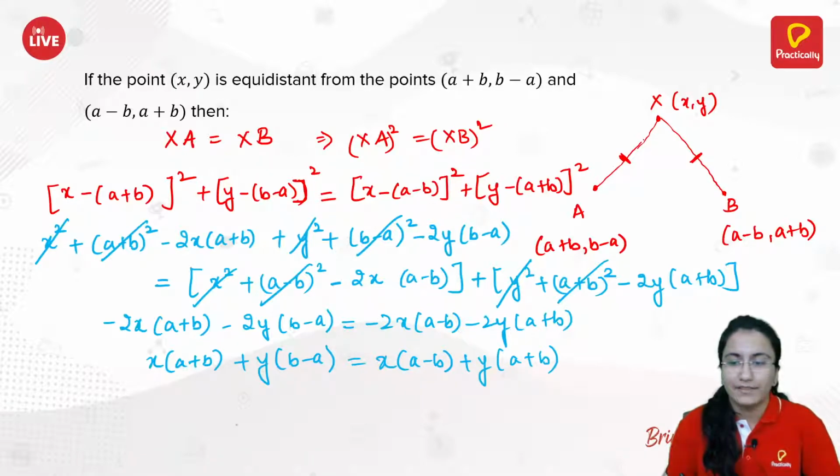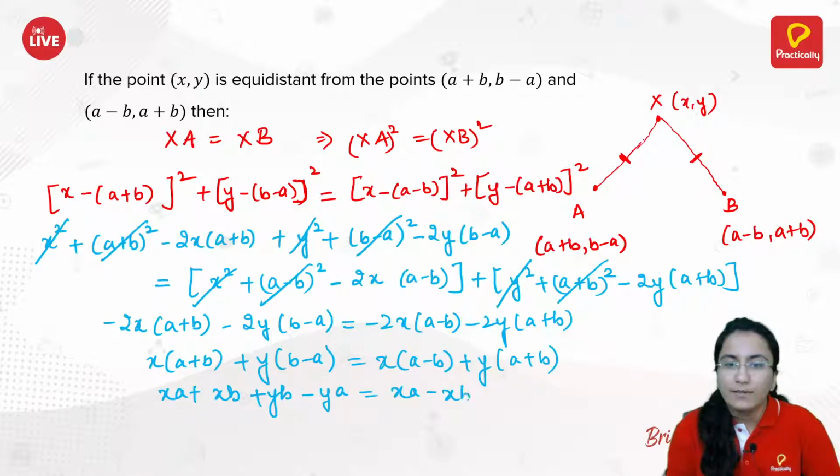That means xa plus xb plus yb minus ya equals xa minus xb plus ya plus yb. xa is common on both sides, so cancel it. xb is not common, so it will be twice xb in fact.